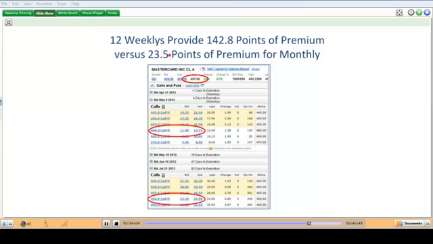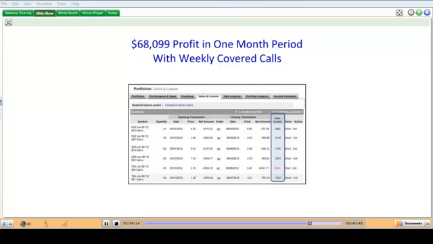So let me just run through these brokerage statements real quick, and this shows $68,099 in profits after commissions over a 1 month period. I'm just showing you this to show what I did over a 1 month period.